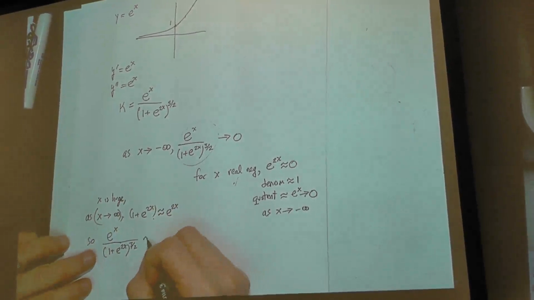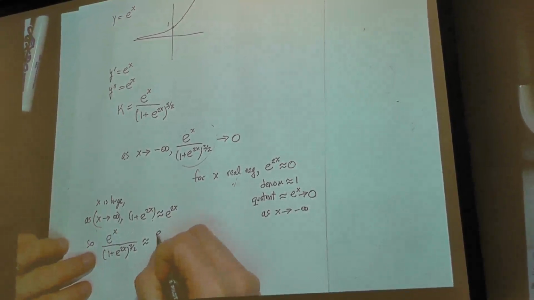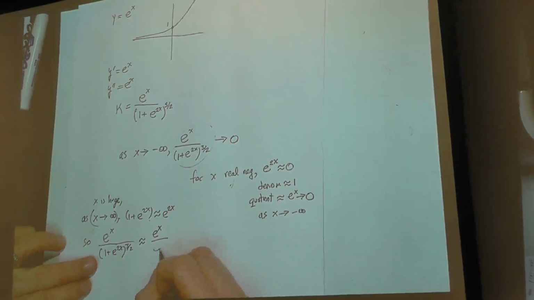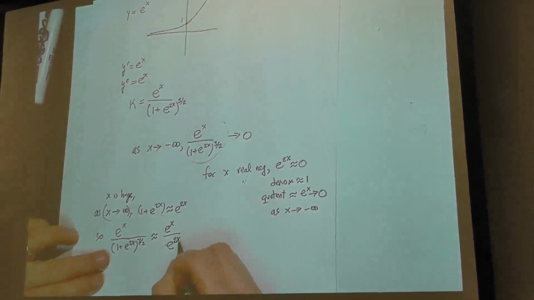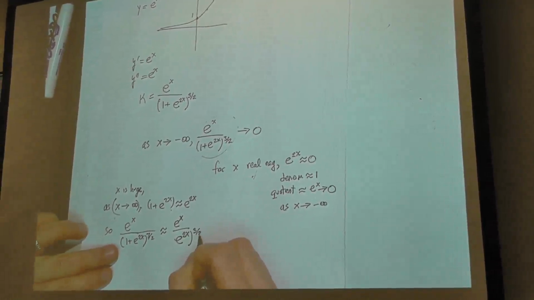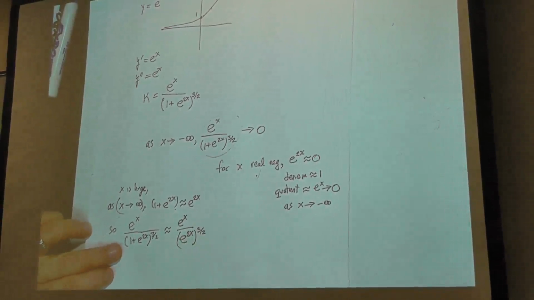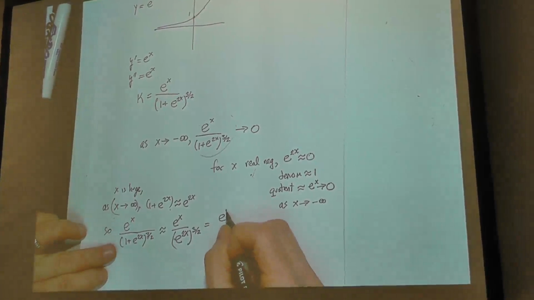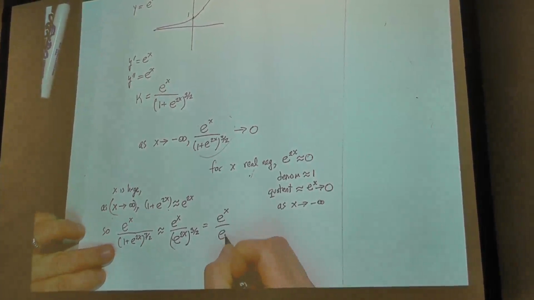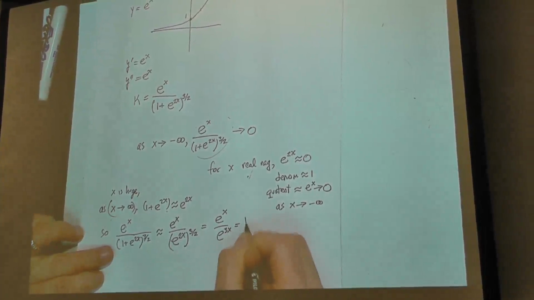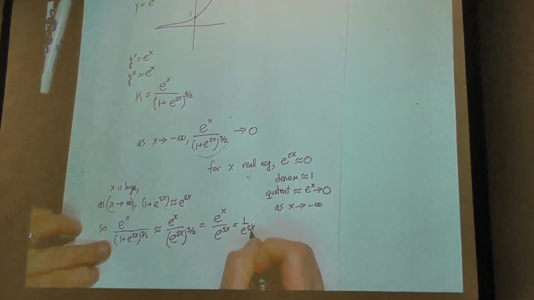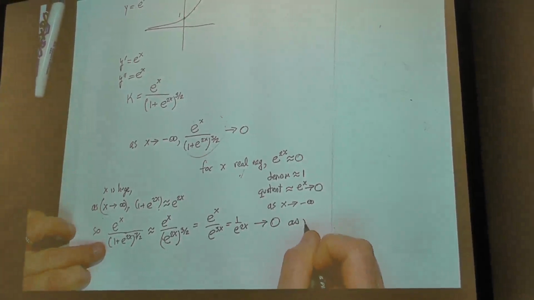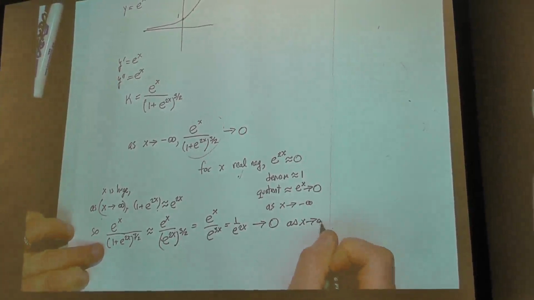This would be approximated by e to the x on top, on the bottom e to the 2x to the 3/2 power, which is e to the x over e to the 3x, which is 1 over e to the 2x, which goes to 0 also as x goes to infinity.